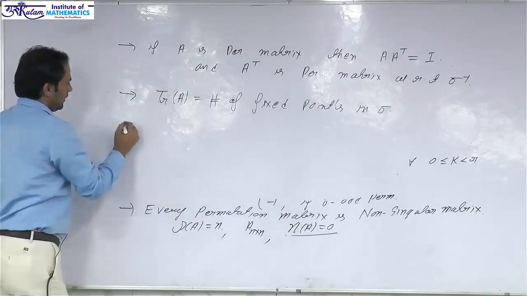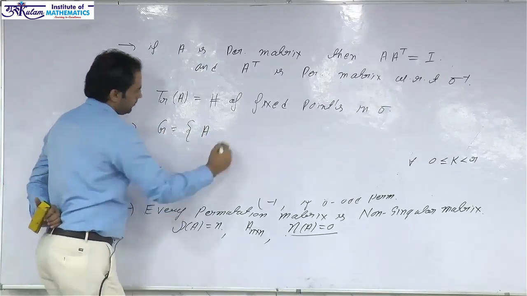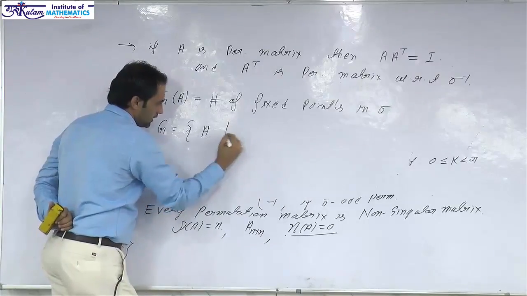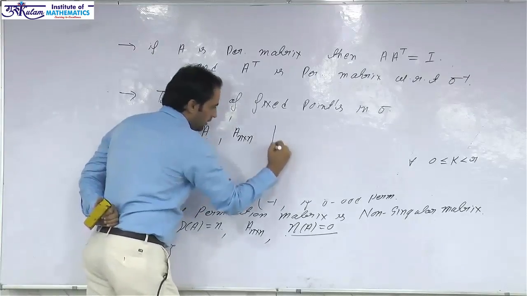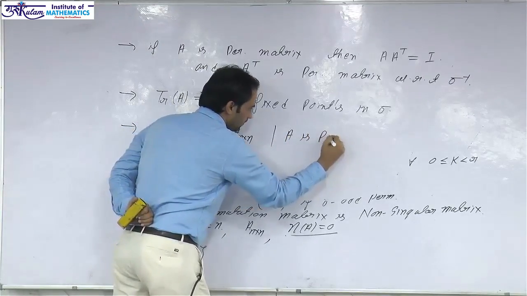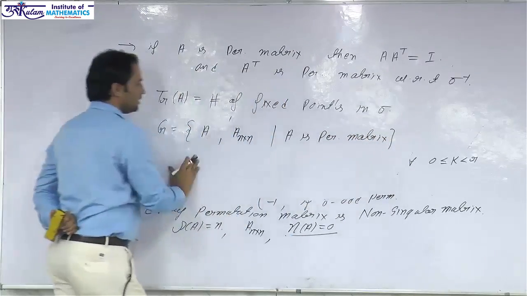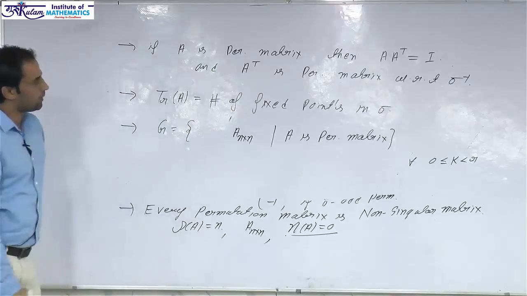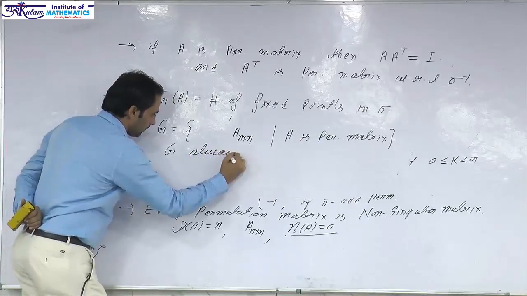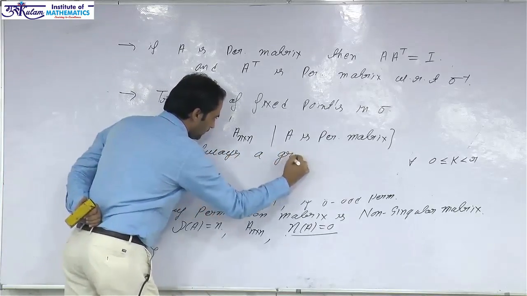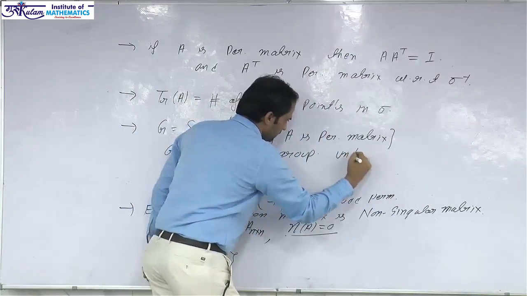The next property is, if G is the set of all A matrices such that A is an n cross n permutation matrix, that is, G is the collection of all n cross n permutation matrices, then G is always a group under matrix multiplication.